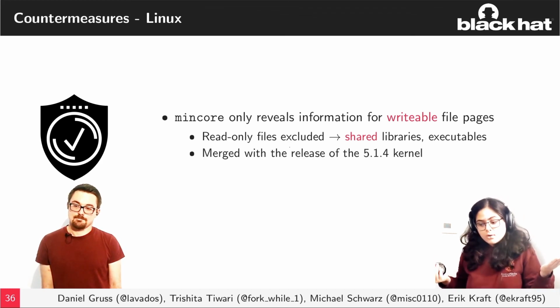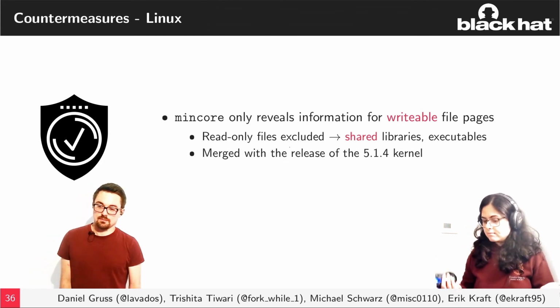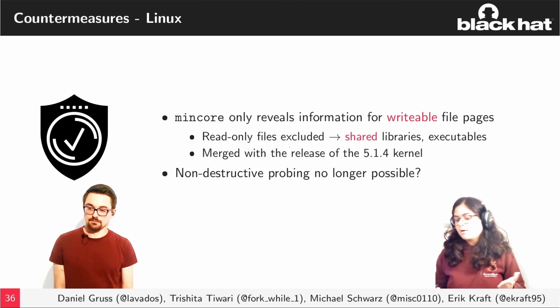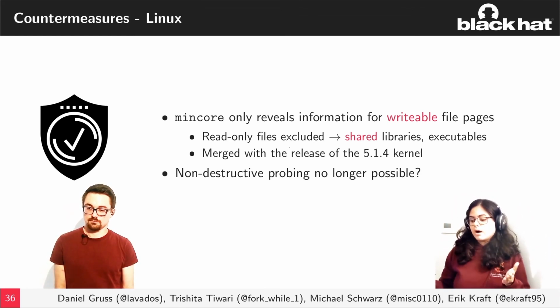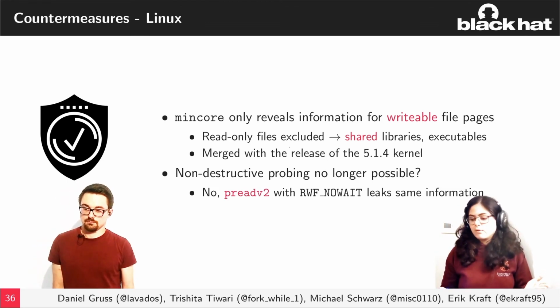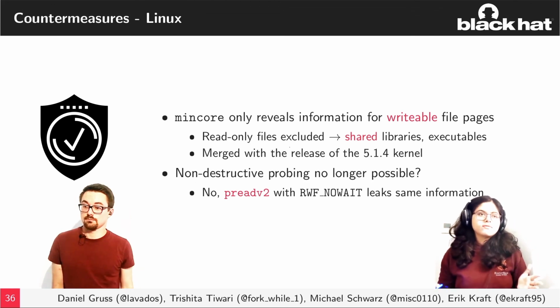And so is non-destructive probing no longer possible? Let's see. Actually, no, because preadv2, which is another system call used with the RWF_NOWAIT flag, leaks exactly the same information that mincore leaked. And so that's not fixed yet.